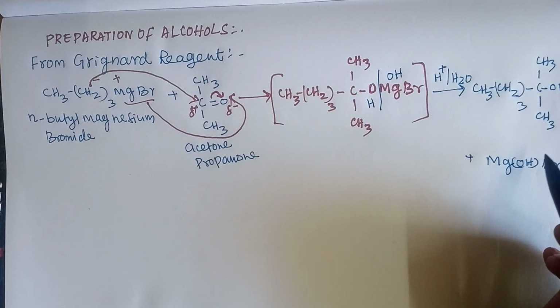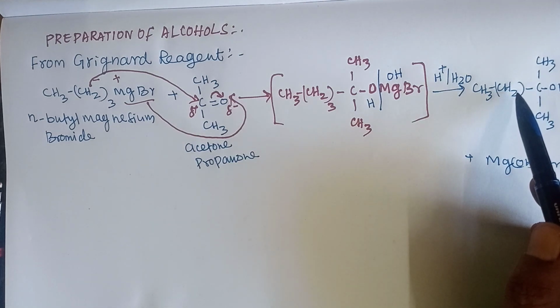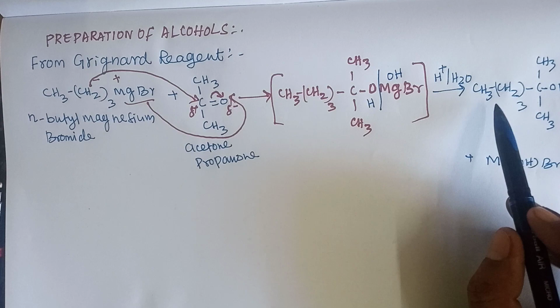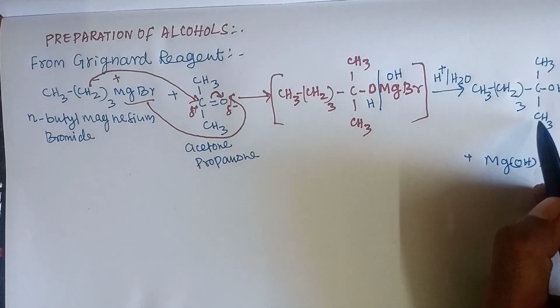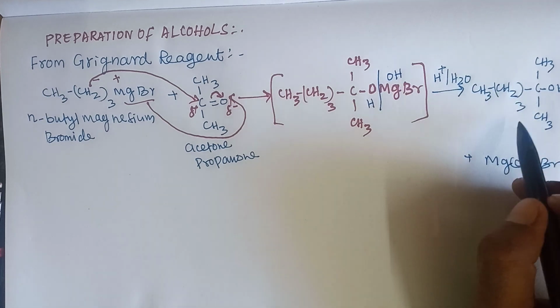What is the name of this compound? 1, 2, 3, 4, 5, 6. So this chain forms the longest carbon chain. Total 6 carbon. The parent hydrocarbon is hexane.